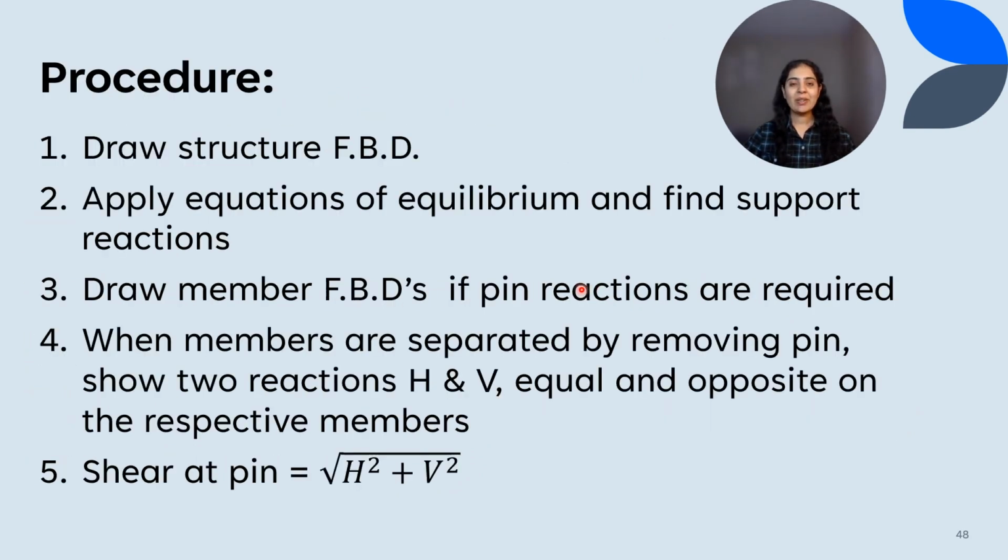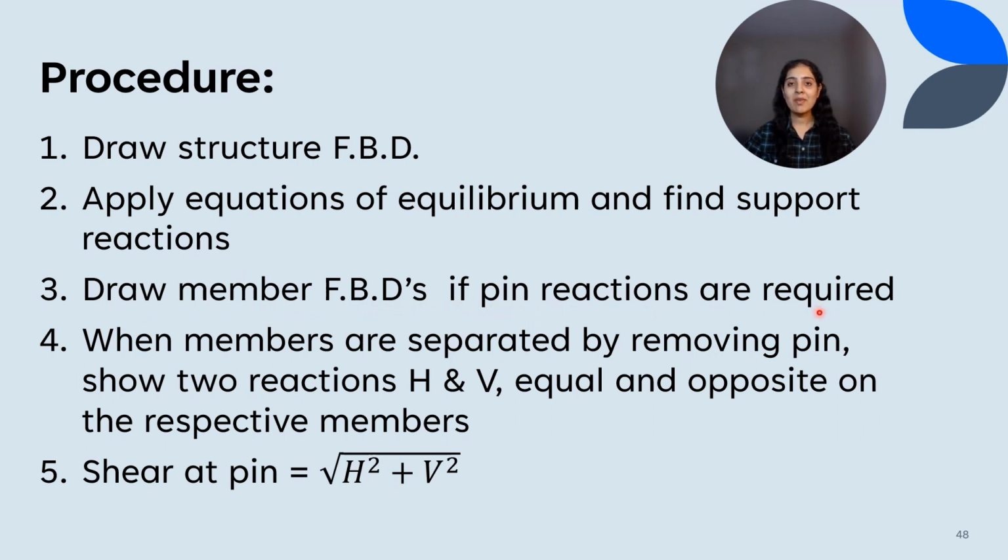Typical procedure to solve such types of problems is like this. First, you have to draw a structure F.B.D., that is, you have to show all the support reactions on the beam. Then apply equations of equilibrium and find support reactions. Then third is draw member F.B.Ds if pin reactions are required.